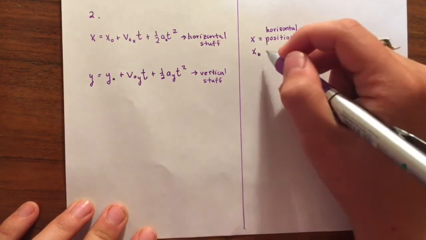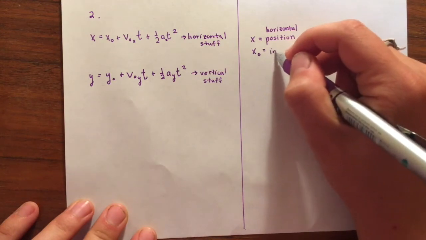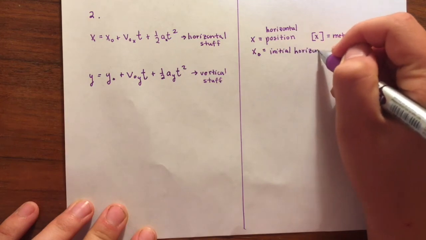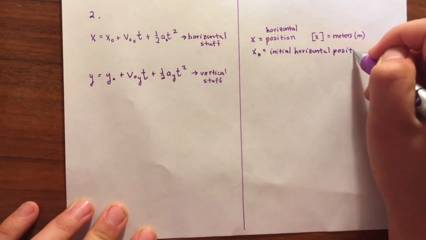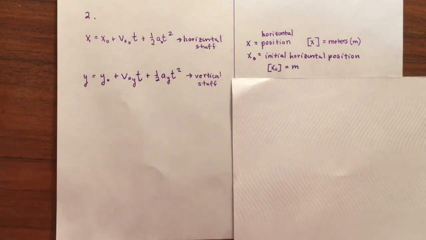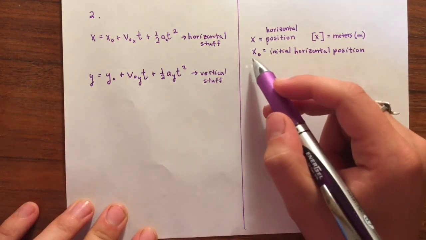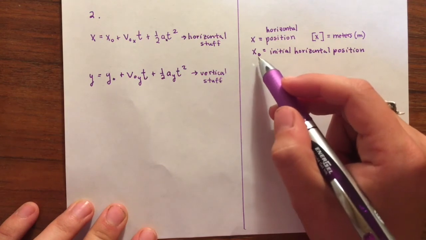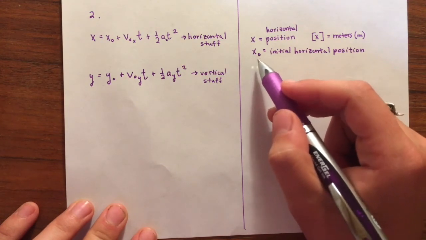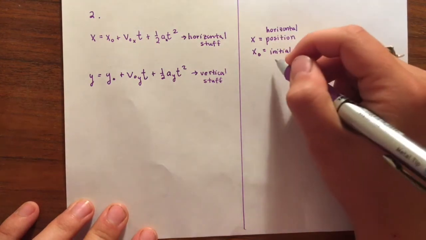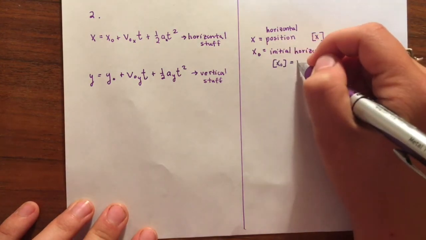So x naught is initial horizontal position. So where are you horizontally at the start? Again, if you know what x is, you can infer what x naught is, because naught means initial or starting, and so you just add that on: initial horizontal position. The units of x naught are meters again.